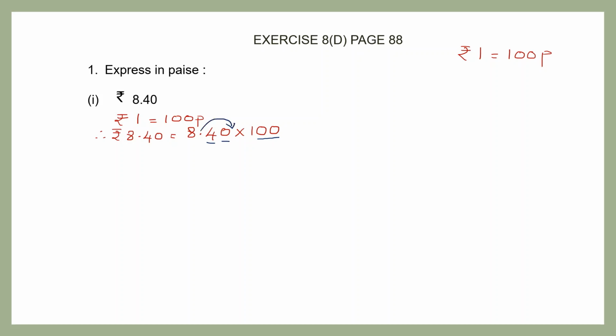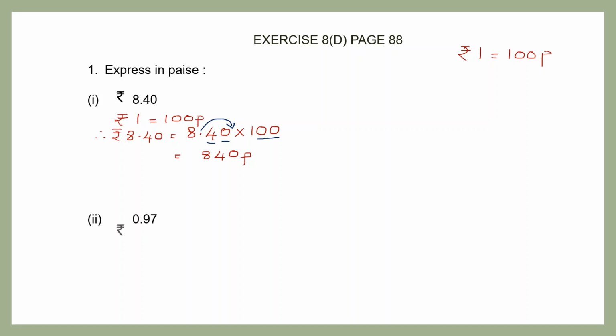So in this case, it comes here. So what do we get? We get 840.0 or simply 840, and we have converted it to paise. We need to put the small p there. Okay, so we have converted this question 8 rupees 40 paise into 840 paise.